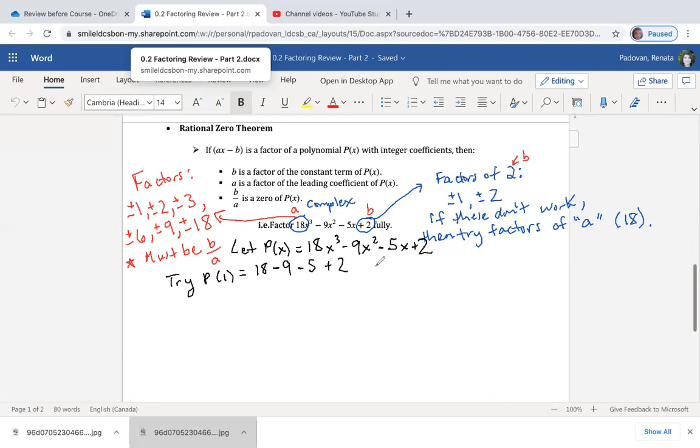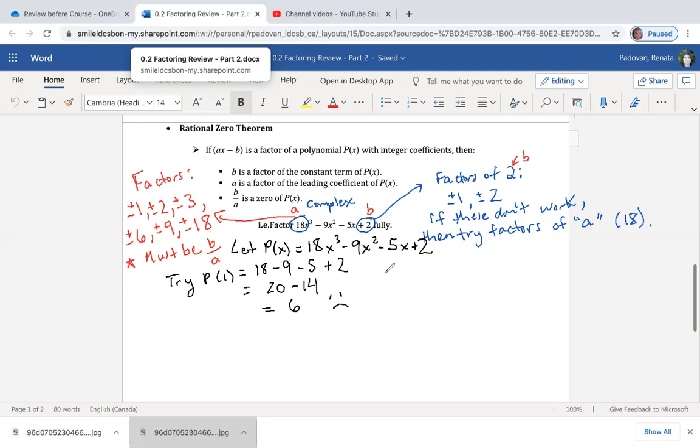And again, there's a whole bunch of different ways you can do that. You can just start in order, doing 18 subtract 9 and get 9, 9 subtract 5 to get 4, and then 4 plus 2. Or you can take your positive numbers and get 20, for example, and then take your negative numbers and subtract 14. Either way, you should get 6, which is not 0. So that means that 1 is not a factor, or x minus 1 is not a factor, right?